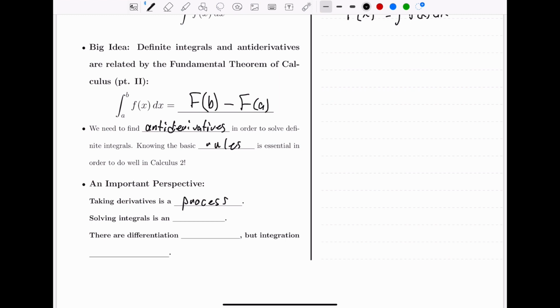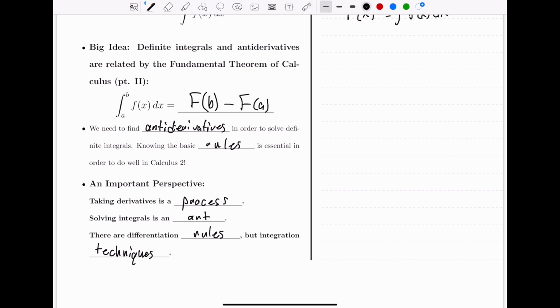They can get a little bit difficult to work with as far as the complexity, but we can always take the derivative of any function. Integration is a completely different concept. Solving integrals, I like to think of it as an art. So we have differentiation rules. We just follow the rules, but we have integration techniques. An important component of Calculus 2 is learning the integration techniques and understanding the situations in which it's appropriate to apply them.